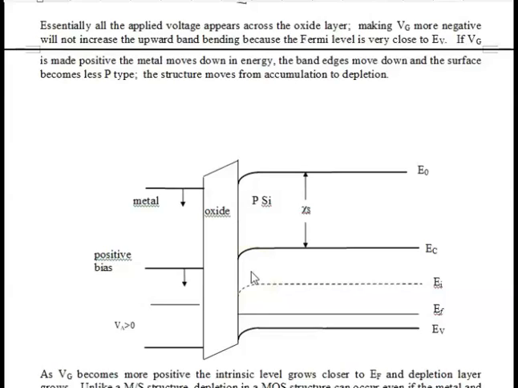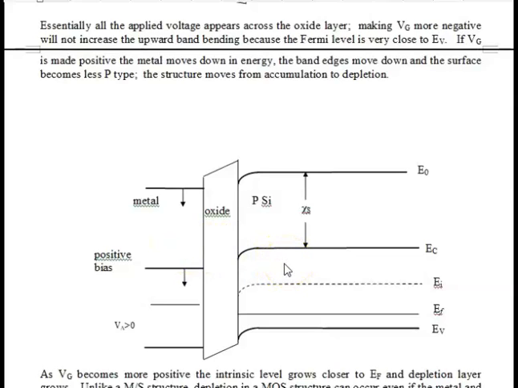And that is always the case for a situation in which in equilibrium we have a depletion in the silicon. That means that the metal work function is less than the silicon work function.